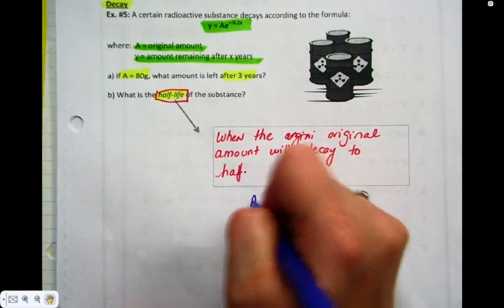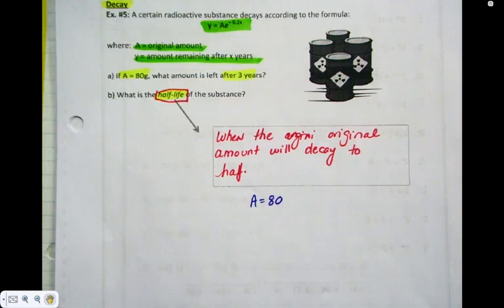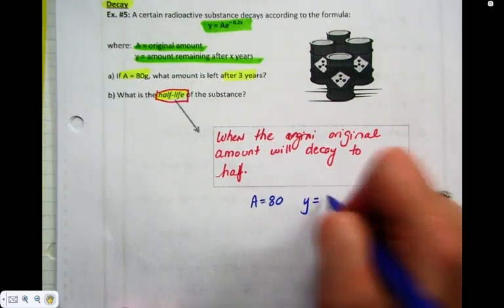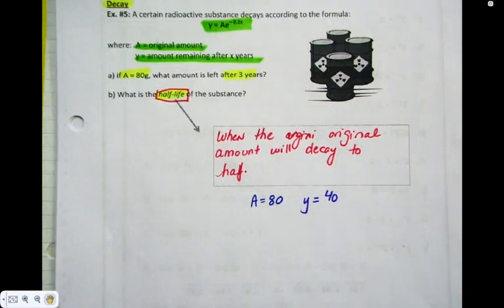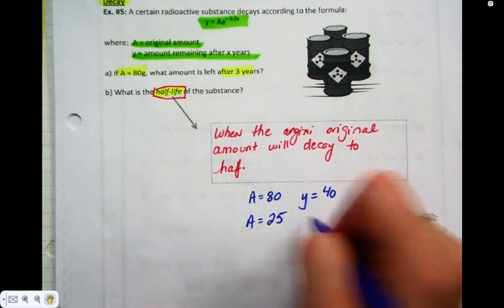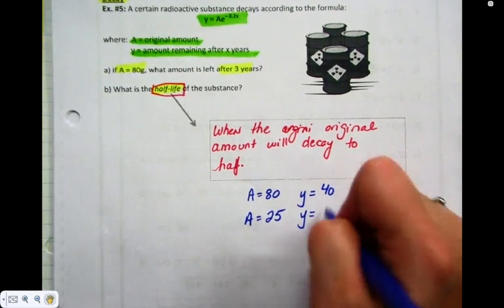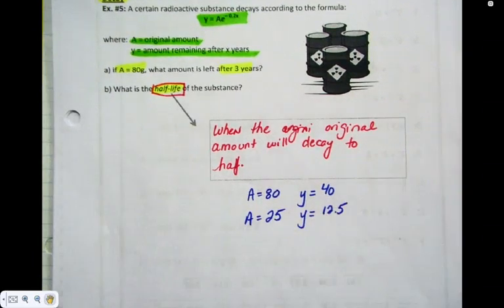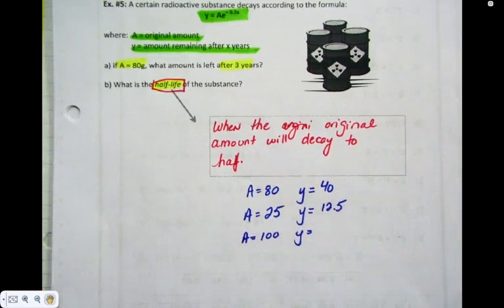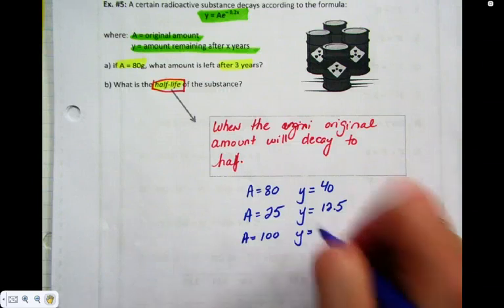So for example, if A is 80, like it was in part A, what do we want Y to be? 40. Let's say they gave us A was 25. What would we want Y to be? Let's say they gave us A to be 100. What would we want Y to be?